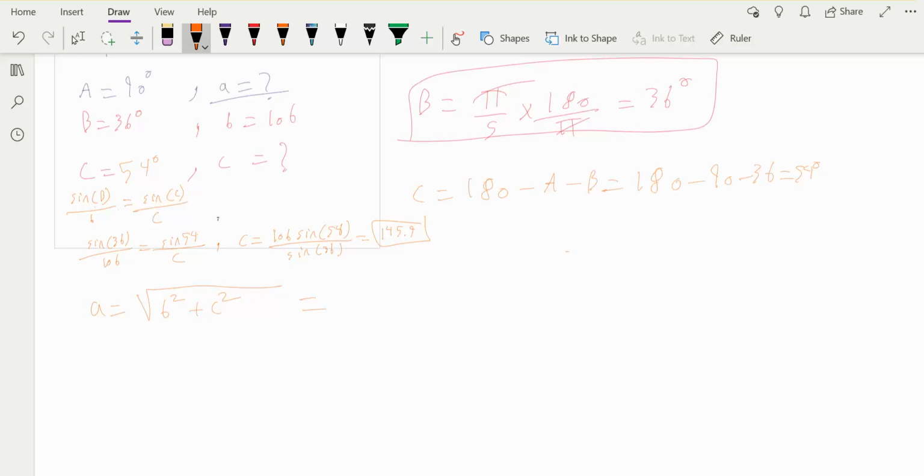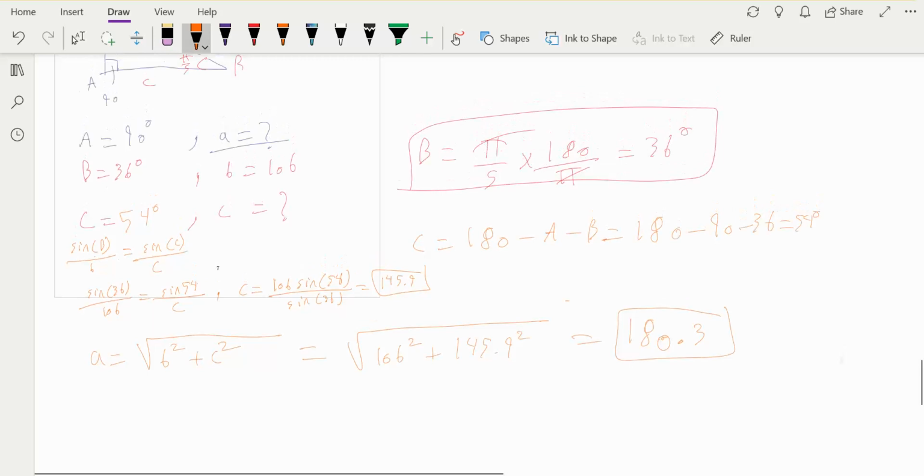And this would equal 180.3, and that's our final answer. So A would just be 180.3. And that's it.